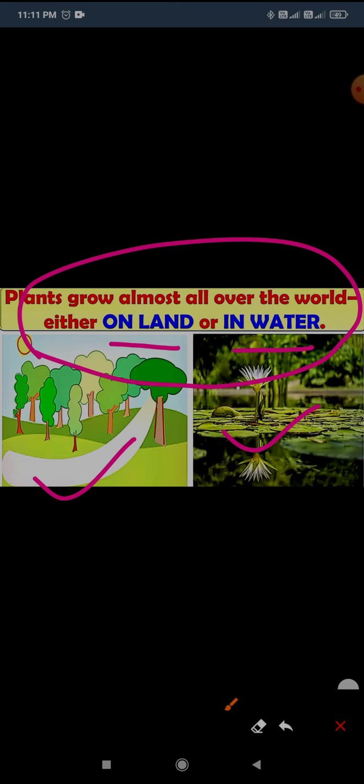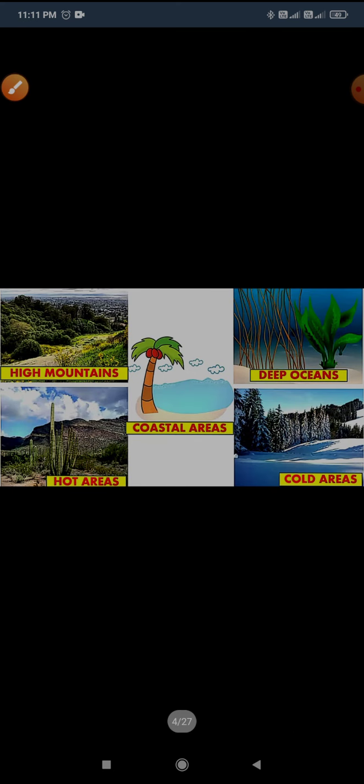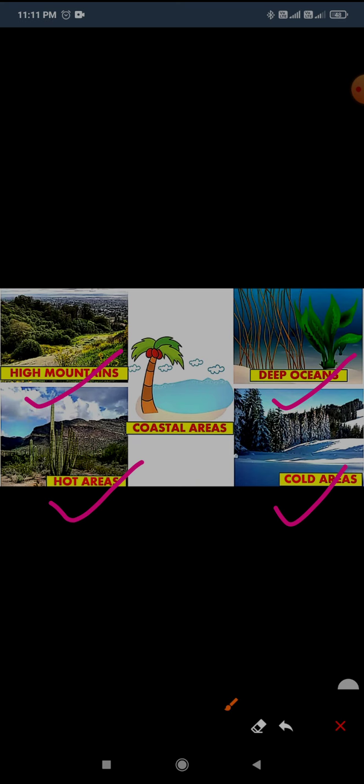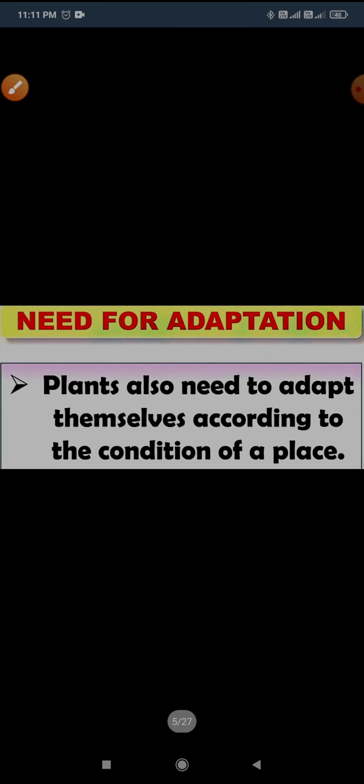So you can find plants on high mountains, deep oceans, hot areas, cold areas, and coastal areas. So first we will see the need for adaptation.